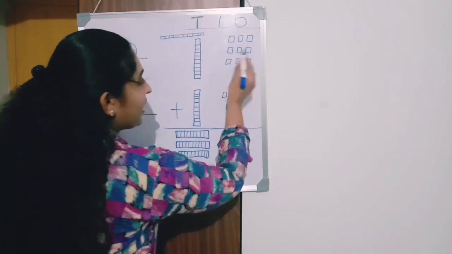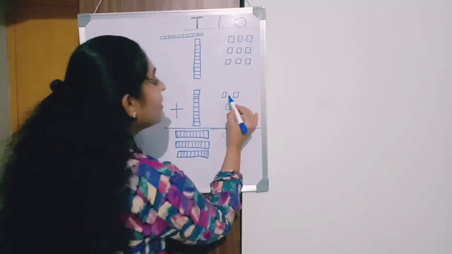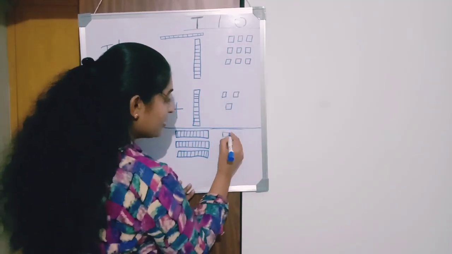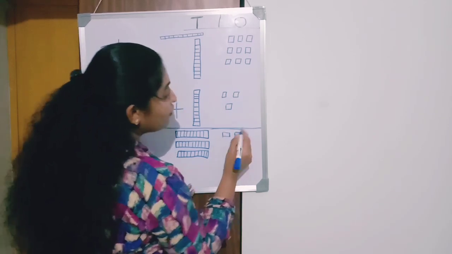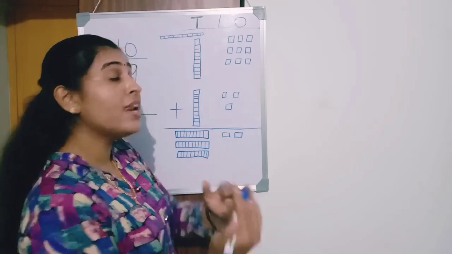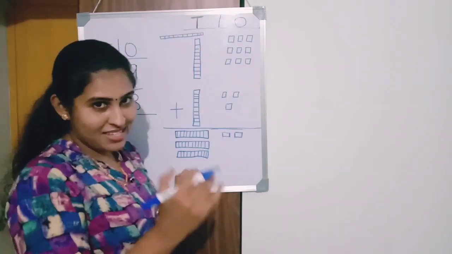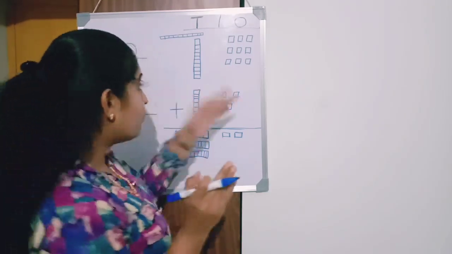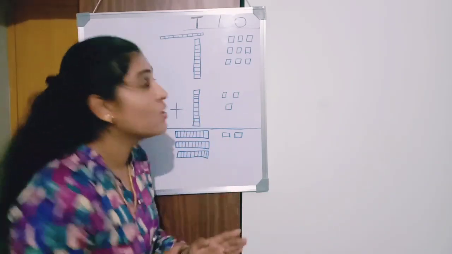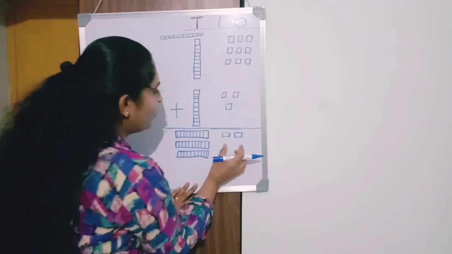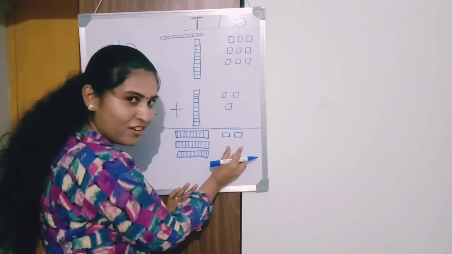Here 9 ones were there and here 3 ones. So total 12 ones. From the 12 ones, 10 ones will jump to the tens place. 10 ones makes 1 ten. That ten will jump to the tens place and remaining 2 ones will be standing over here.